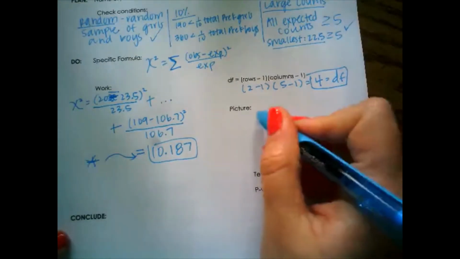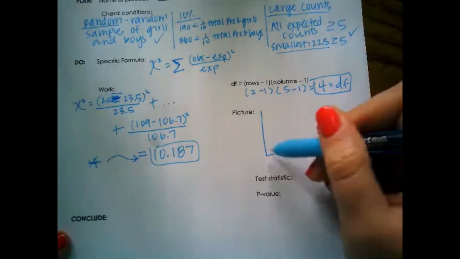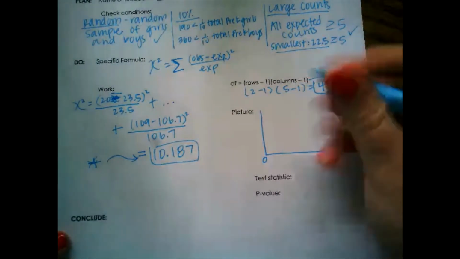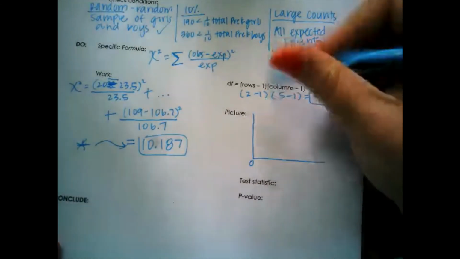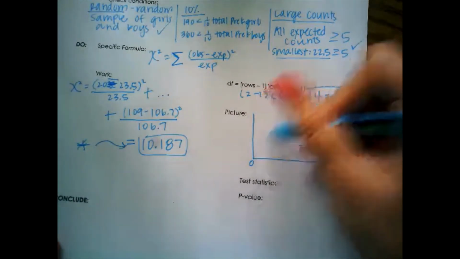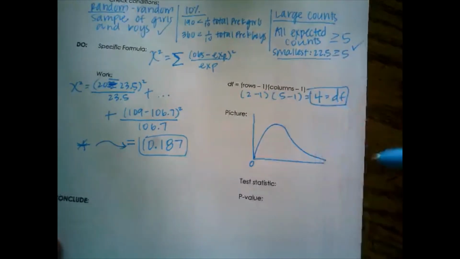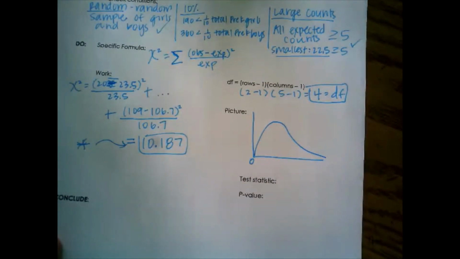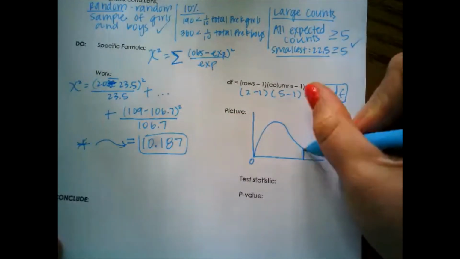Our picture, remember they're all positive, so it starts at 0. And I showed you a picture last week. Depending on how many degrees of freedom there are, it looks a little less intense, right? But it's going to be right skewed. And our chi-square test statistic is going to be somewhere at this tail.